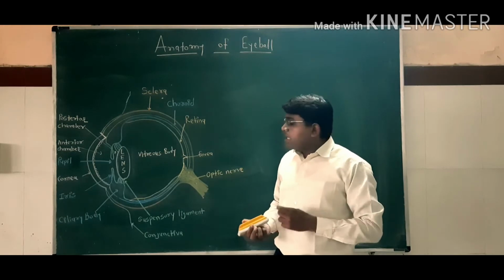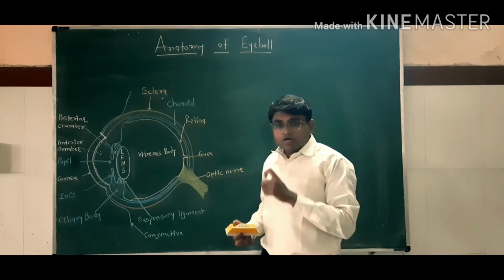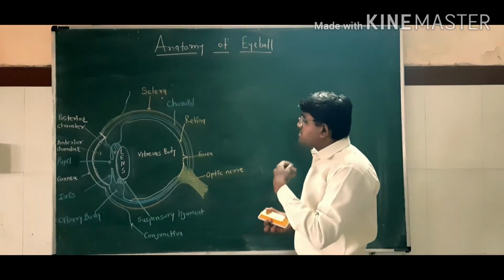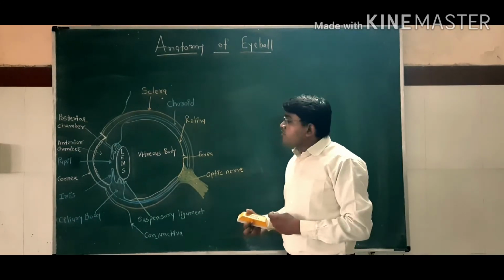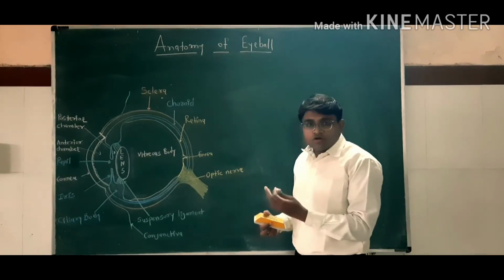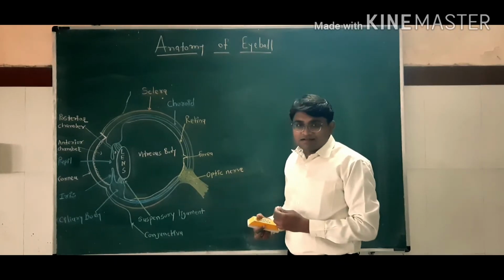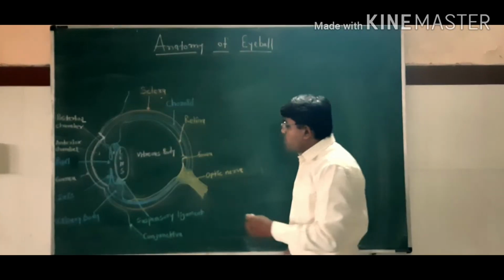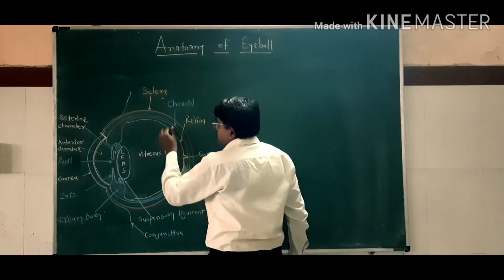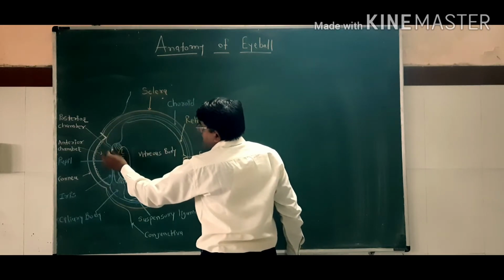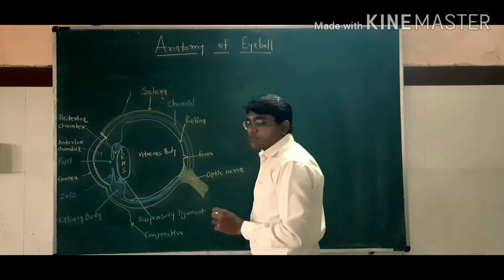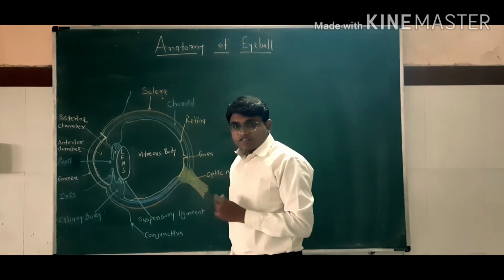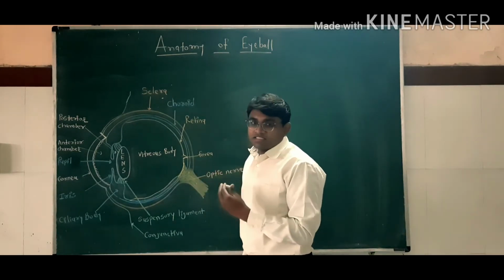Now, in this session, we are going to discuss its second layer, which is also known as the uveal tract. This uveal tract is composed of three structures, or it has three parts.